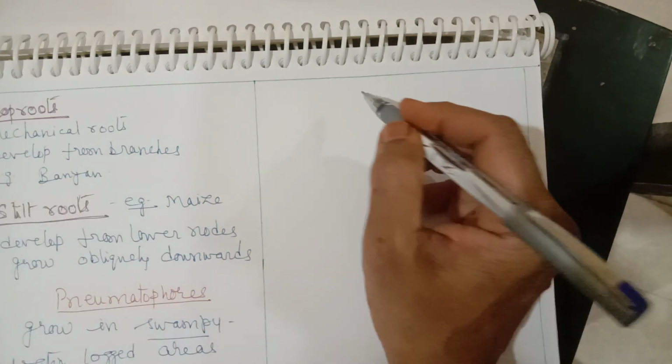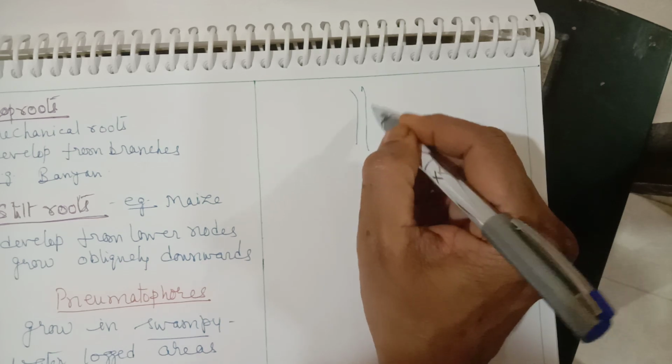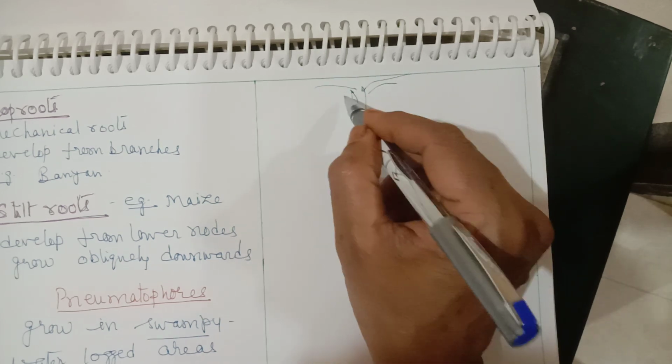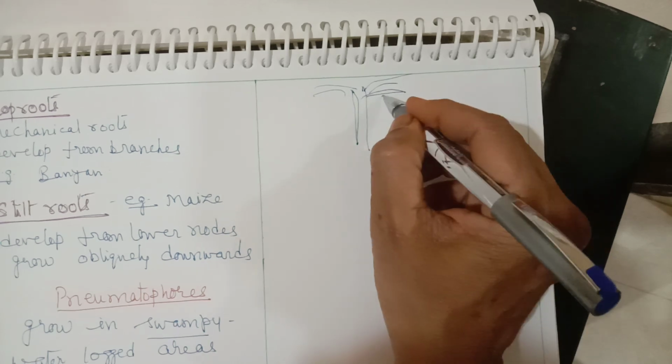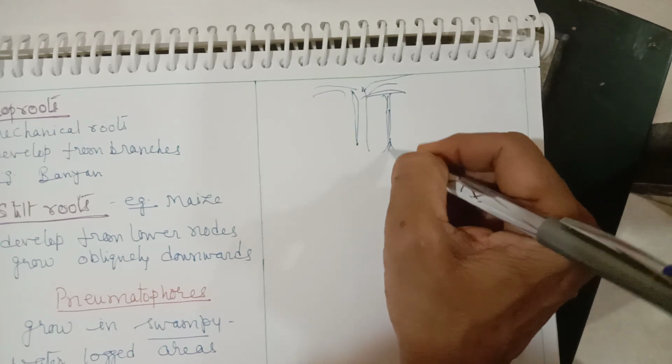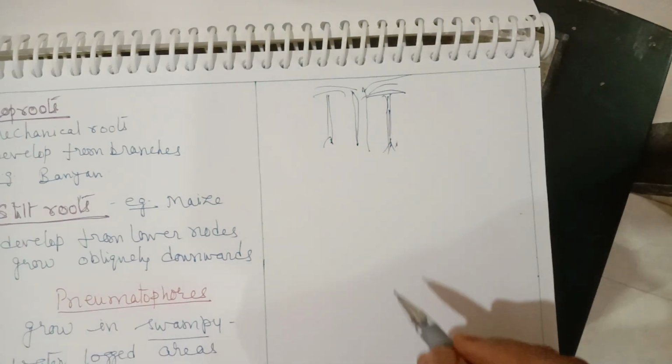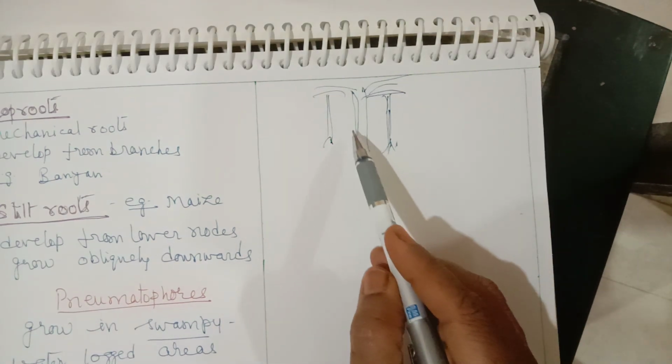These are called prop roots. Prop roots are for mechanical support. They develop from the huge branches we can find in trees like banyan trees. These roots grow vertically downwards and get fixed to the soil so that they give support to the huge branches.